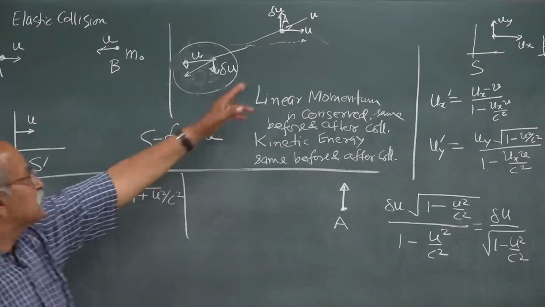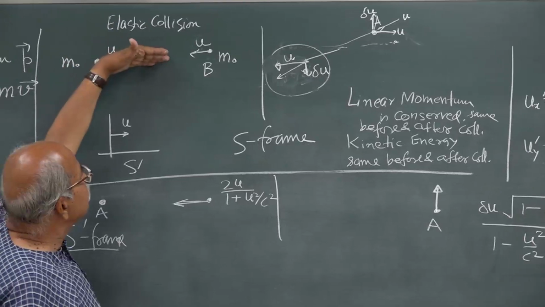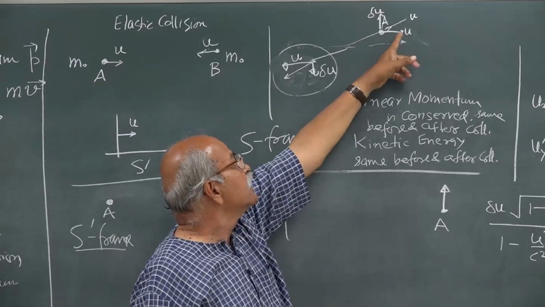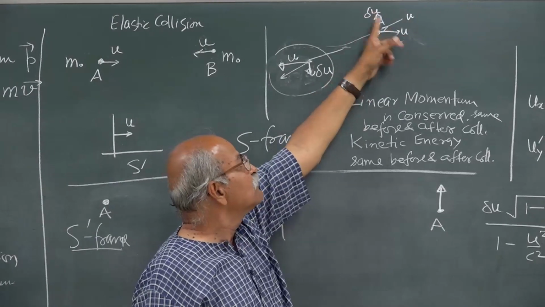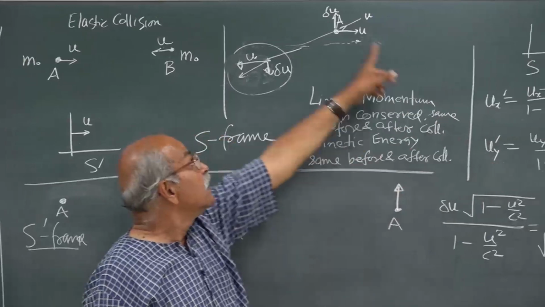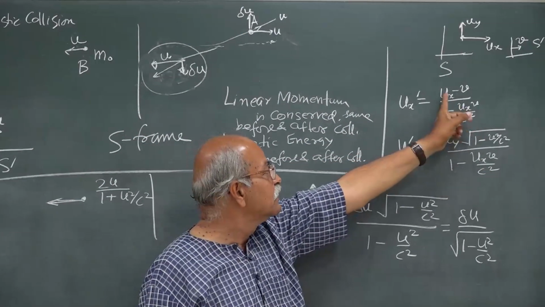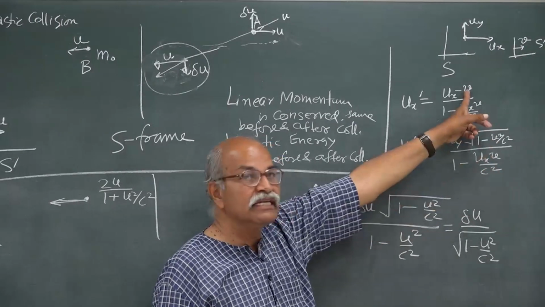This particle A comes from this side, makes a collision here, deflects, and goes this way. So this is the A particle, the x component is u, the y component is delta u, and then we make the transformations. In the transformation I have ux coming here and this v coming here.